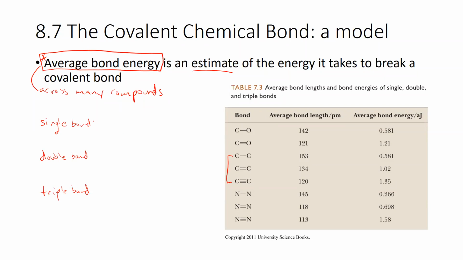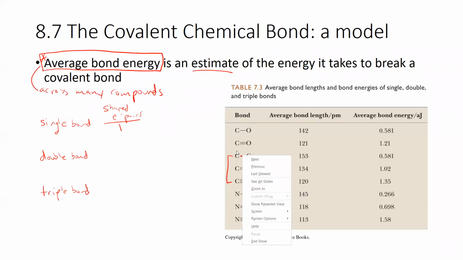A single bond is one shared pair of electrons. So we can say shared electron pairs. In a single bond, there's one shared pair of electrons. That's why there's one line written here. If you only have the one line there, that's a single bond.